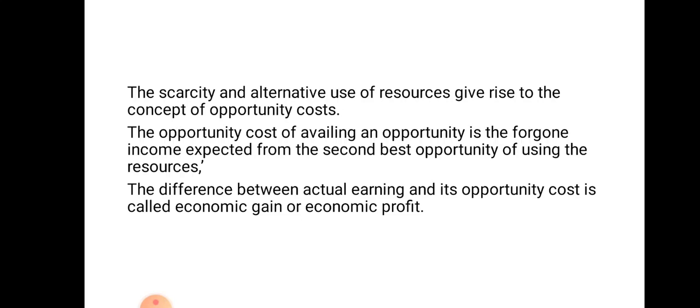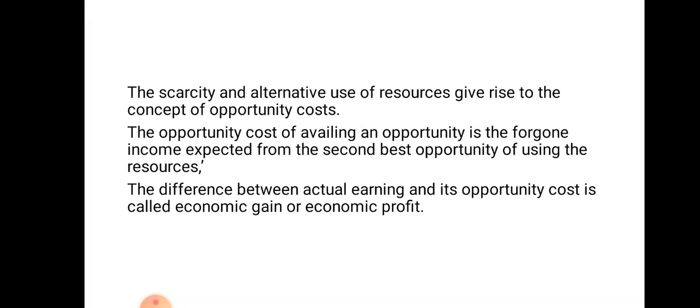While selecting it, the next best alternative, the one which would give 18 crores of return, will be rejected. So that is the next best alternative that is forgone, and that will be considered as opportunity cost.